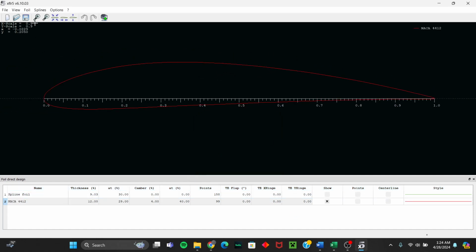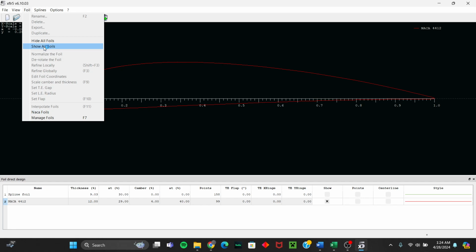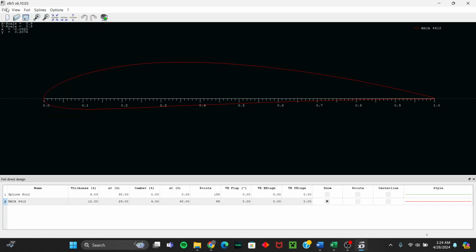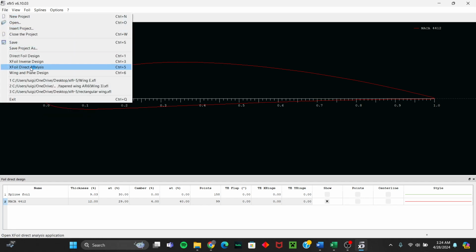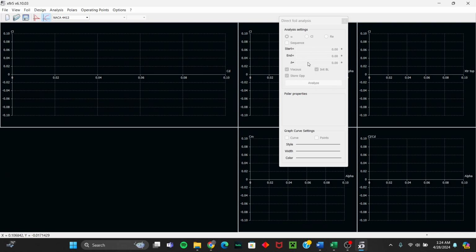And after that, we're going to first do the direct analysis for the airfoil. Typically when I go straight into the wing design before doing this, the values will all mess up, so I just do this beforehand.